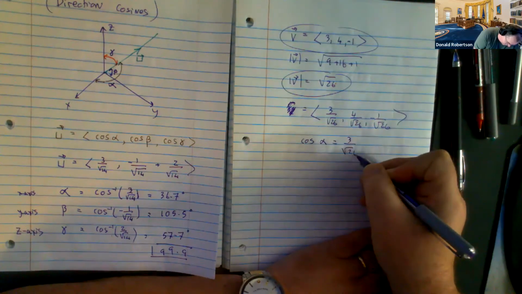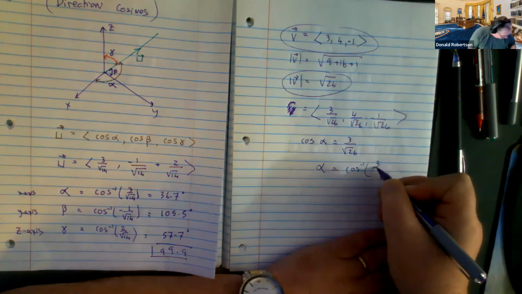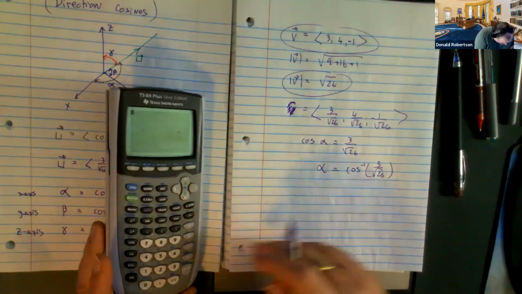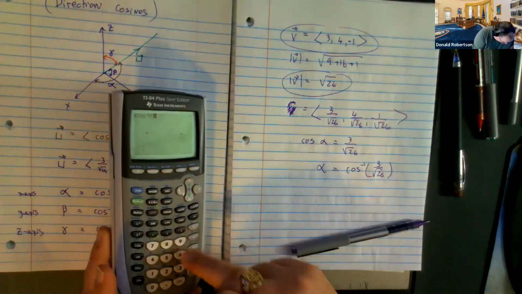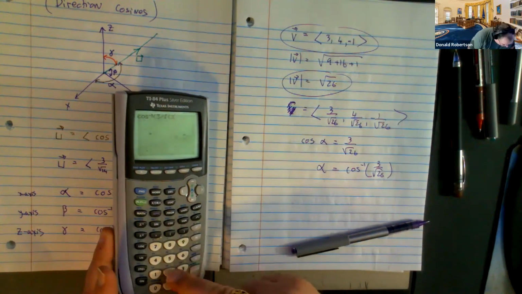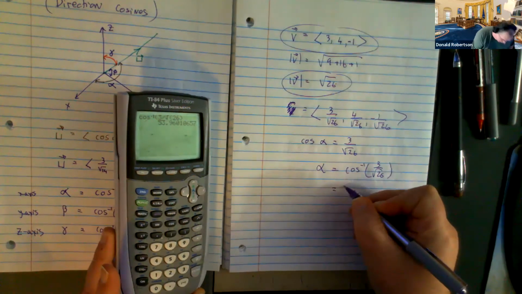And so alpha is the inverse cosine of this guy. And if I do inverse cosine of 3 divided by the square root of 26, we get about, it's darn close to, I'll just call it 54 degrees.